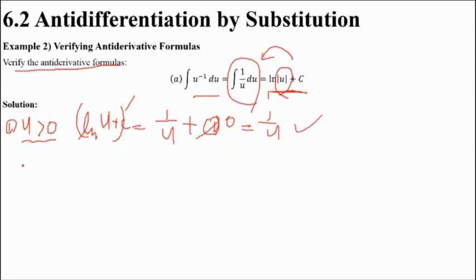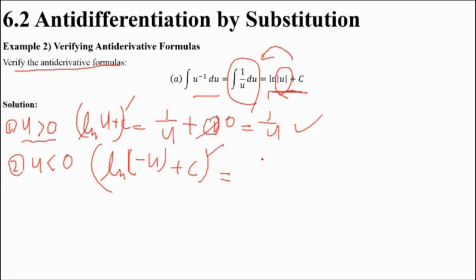How about if u is negative, which means the absolute value goes to negative u, so ln of negative u plus C. Take the derivative: it will be 1 over negative u times the derivative of negative u, which is negative 1, plus 0, which is 1 over u, right?